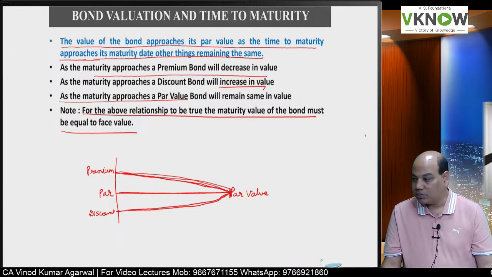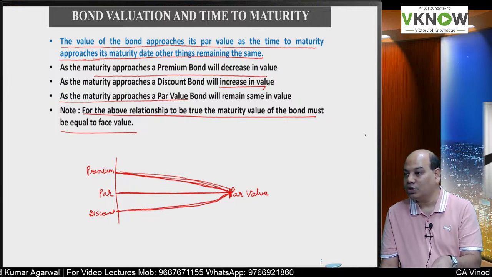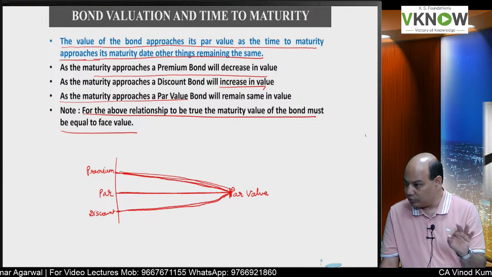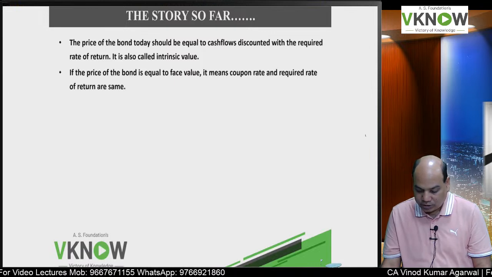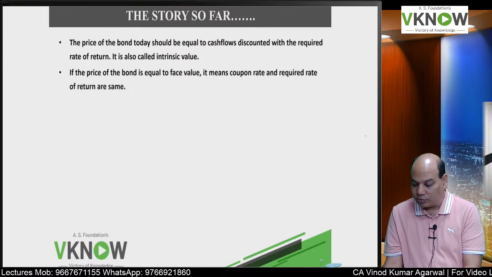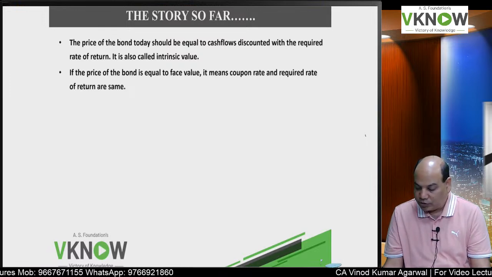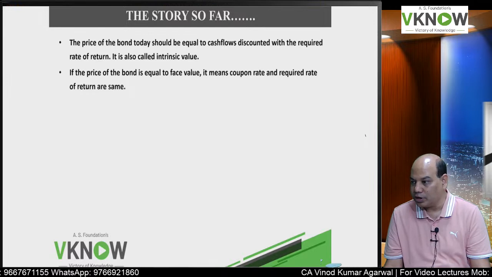So this is the first discussion, where we have learned the calculation of value of bonds of different types and on different dates. Let me quickly summarize what we have done. The story till now was like this: the price of the bond today is equal to cash flow discounted with the required rate of return.